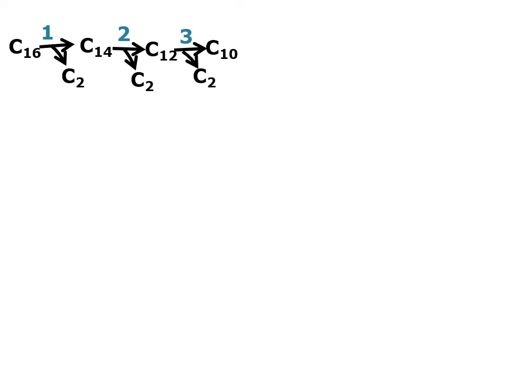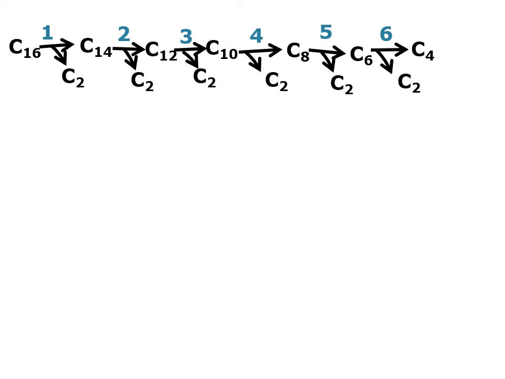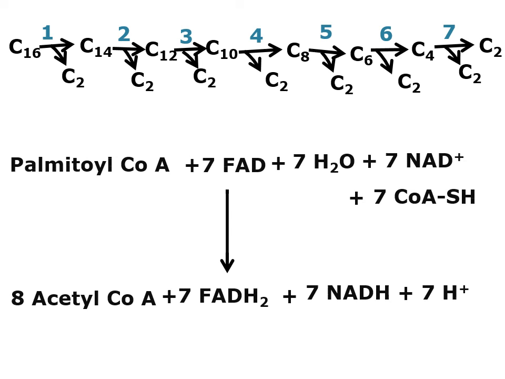Now the most common fatty acid in our diet is palmitic acid, which is made up of 16 carbon atoms. So how will this undergo beta oxidation? 2 carbon atoms are removed, again 2 are removed, so it goes on till all are removed as C2. So how many times does the cycle have to run?